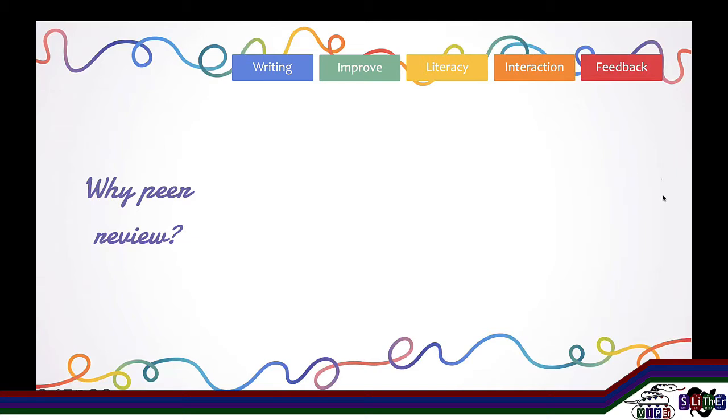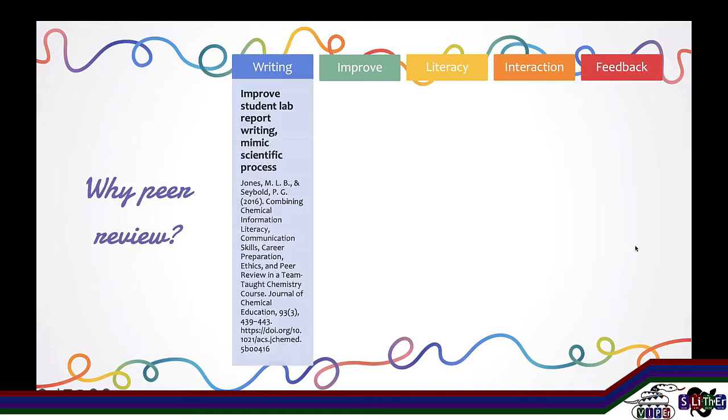Now, I also wanted to give you all some literature examples about why peer review. One of the first ones I've already alluded to when I mentioned lab reports, but writing is definitely a place where peer review can make a difference, and it can improve student lab report writing.